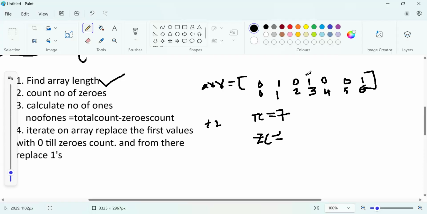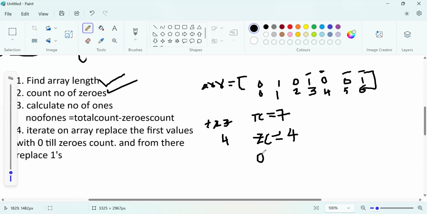Next element is 1, so I won't increase my count. Next is 0, count becomes 2. Next is 1, I won't count, I want to count zeros. Next is 0, count becomes 3. Next is 0, count becomes 4. Next is 1. So the count of zeros is 4.